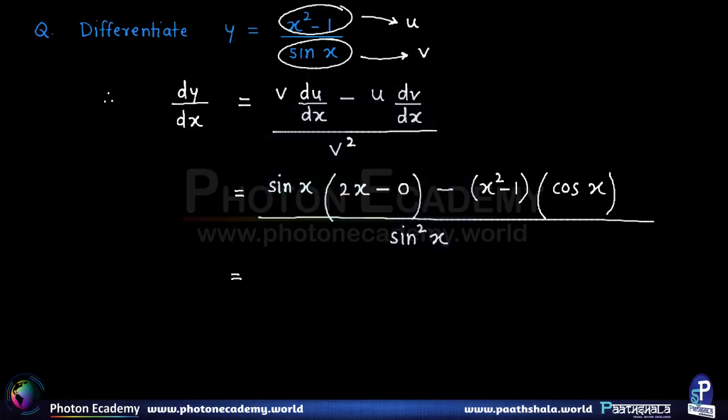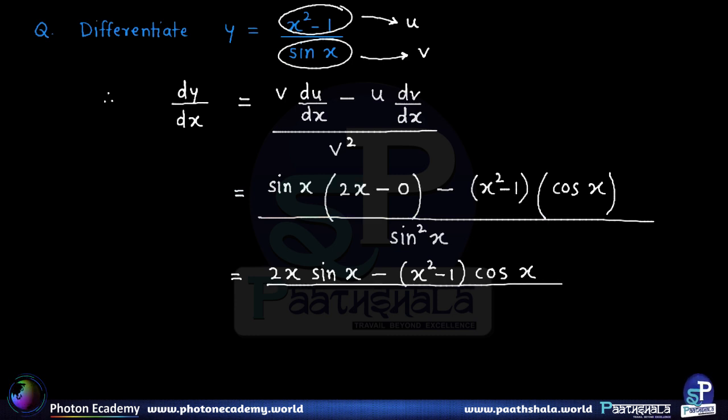So therefore we'll just simplify this. The first term is nothing but, you can write it as say 2x sin x minus x square minus 1 into cos x whole divided by sin square x. That's it. So if we want, we can simplify that further also, but it's not that mandatory.